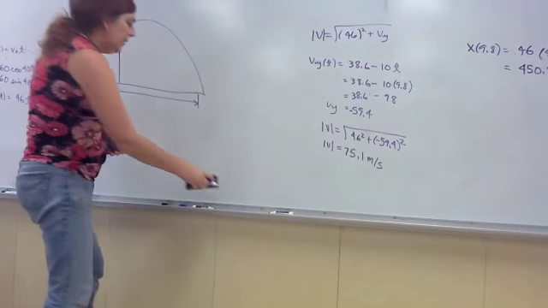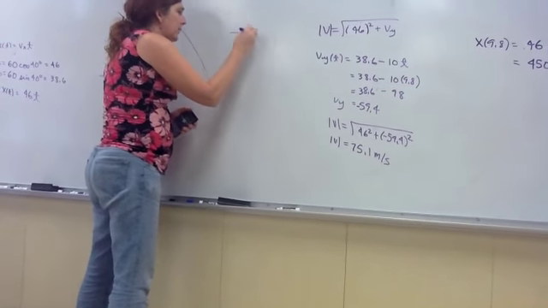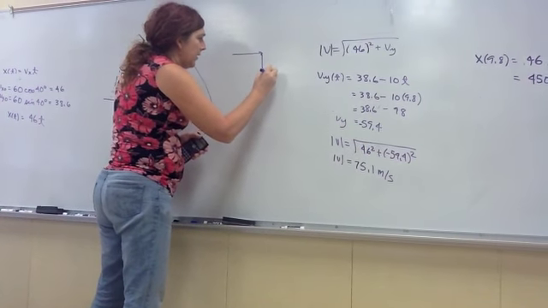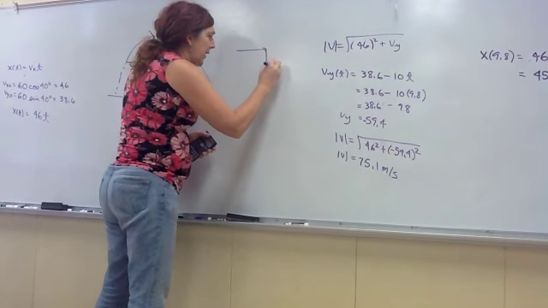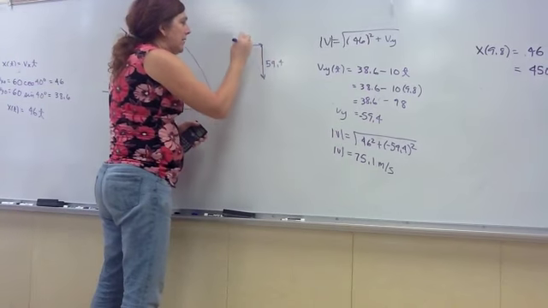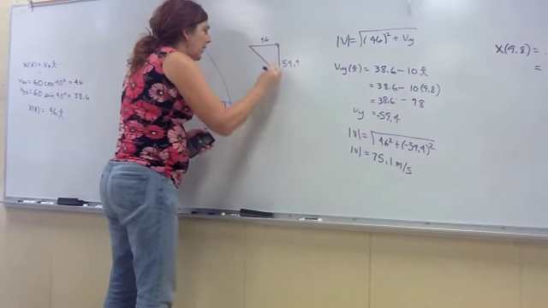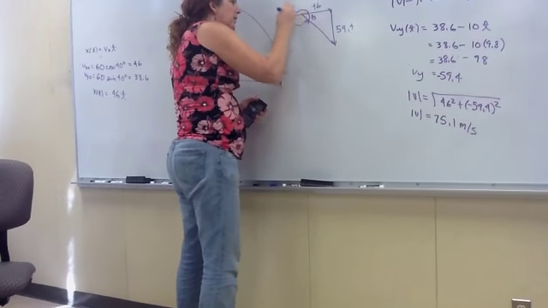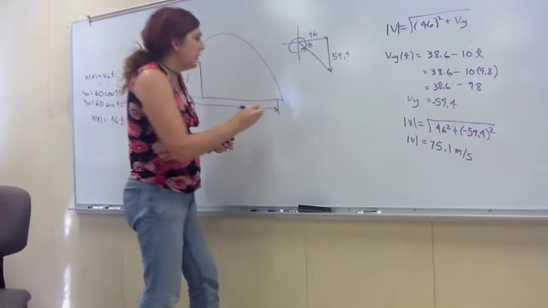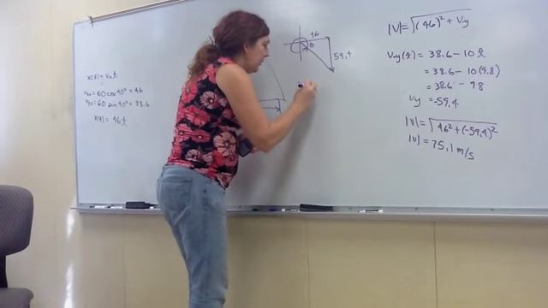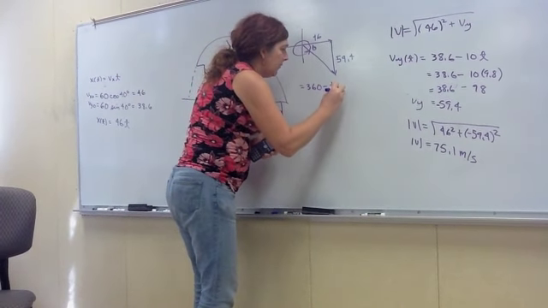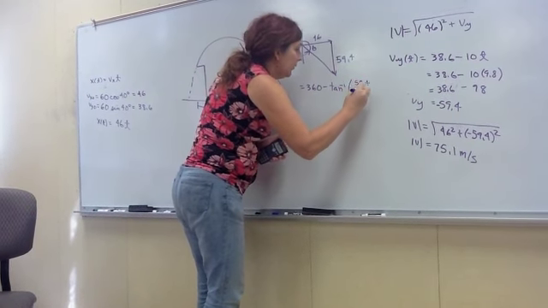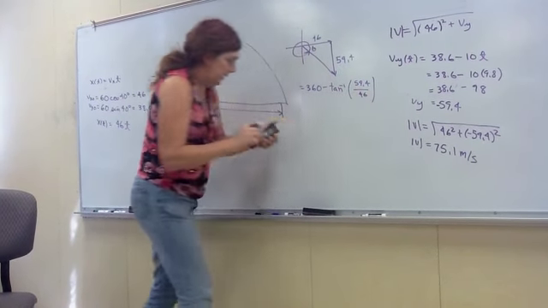And then finally, for the angle, again, it's going to be in the fourth quadrant, it's heading down. It looks something like this. This side has a magnitude of 59.4, this side has one of 46. We get this angle and subtract it from 360 to get the distance that it is away from the positive x-axis. So we're going to have 360 minus the inverse tangent of 59.4 over 46.